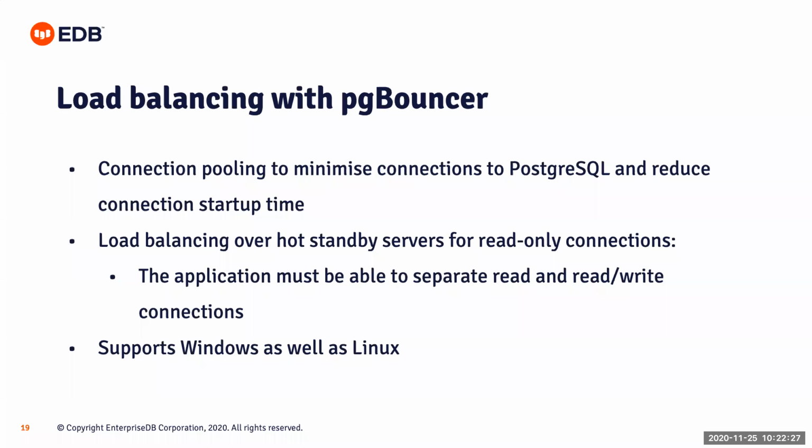That's where connection pooling comes in. You now have a stable number of connections to the database, and the connection pool is leasing out those connections to applications as they connect.